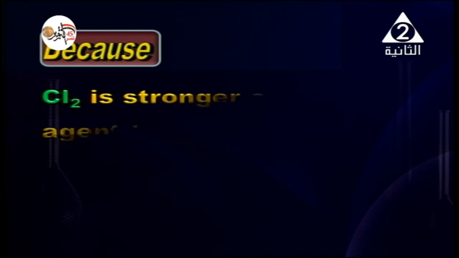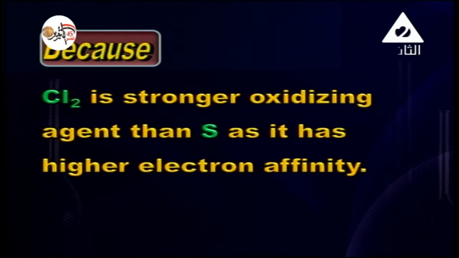The reason is that chlorine is a stronger oxidizing agent, so it forms iron(III) chloride, unlike sulfur, which gives iron(II) sulfide. This refers to the higher electron affinity of chlorine than sulfur, which makes oxidation of iron(II) into iron(III), while sulfur doesn't oxidize iron(II), so it remains iron(II) sulfide.